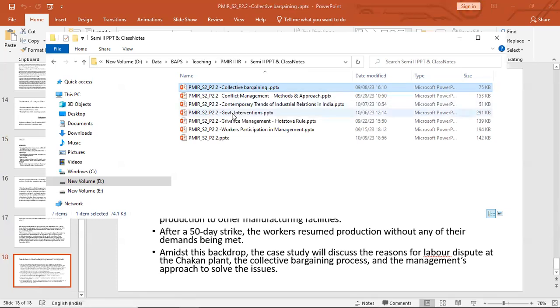After collective bargaining, what we discussed? Workers' participation, grievance management, government intervention. Let's see one by one. Conflict management.